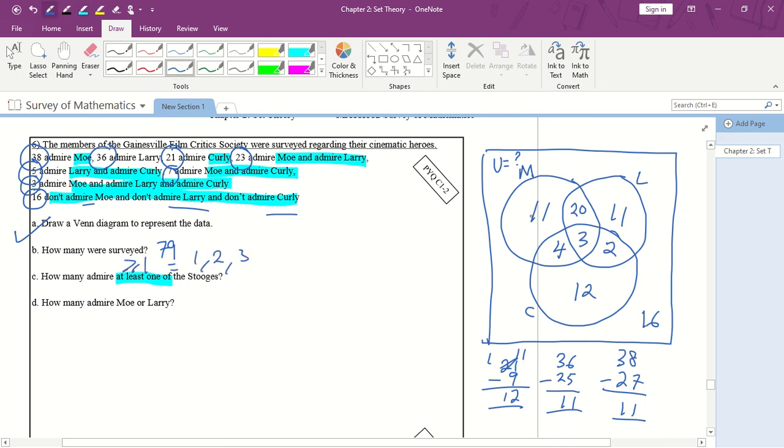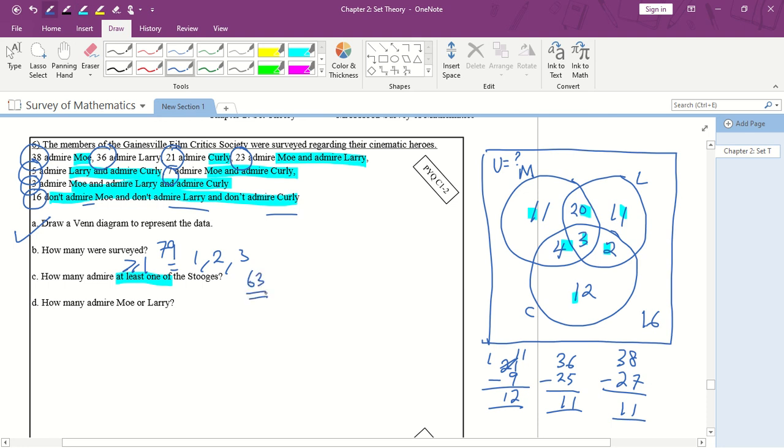So look here. 1 is here, here. 2 is here, here. 3 is here. So basically just add up all of the numbers here. So we can do it again. 11 plus 20 plus 11 plus 4 plus 3 plus 2 plus 12, which is 63.